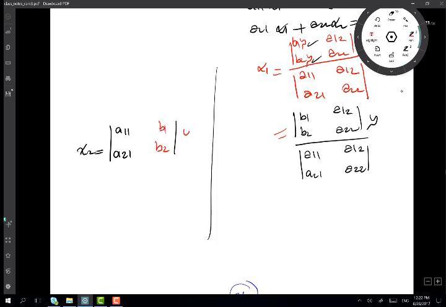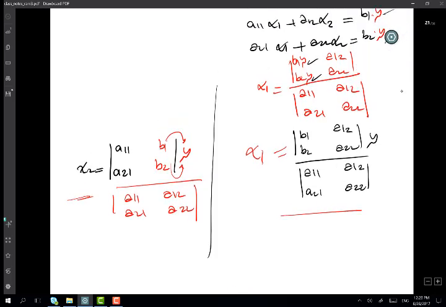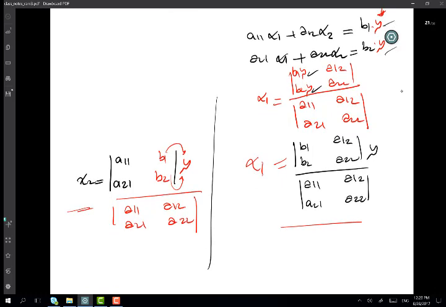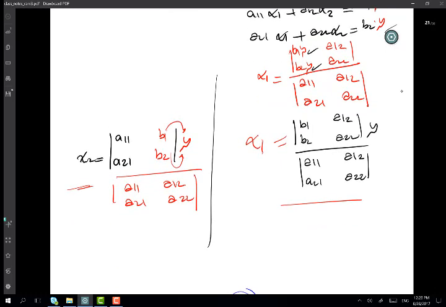And here I have y taken as a common factor, divided by a11, a12, a21, a22. All right, so this is my x1 and this is my x2. y is a common factor. So I have three variables, albeit one of the variables is known, which is y, but it appears as a common factor, so it comes out as a common factor.